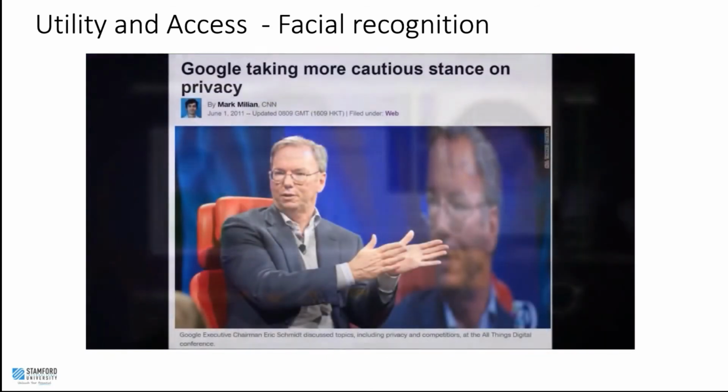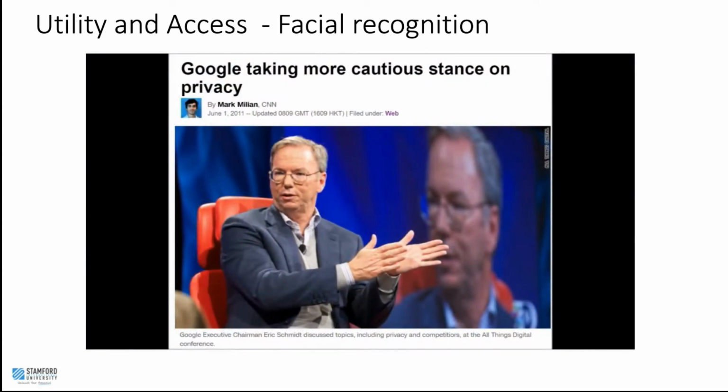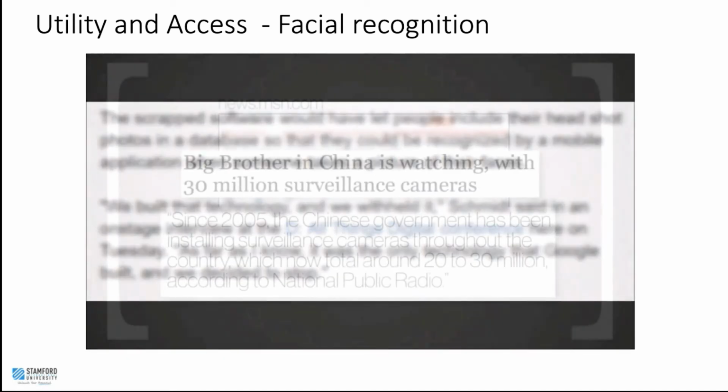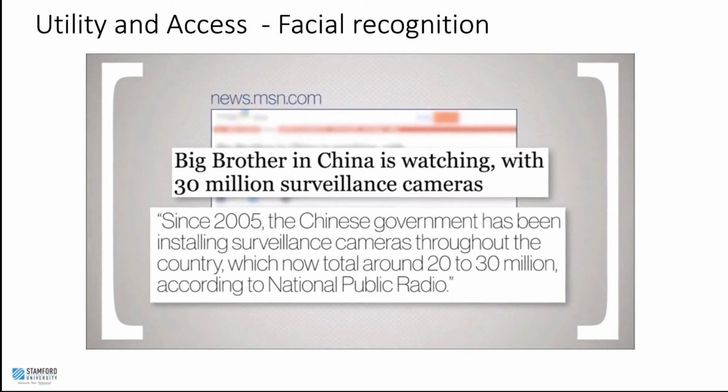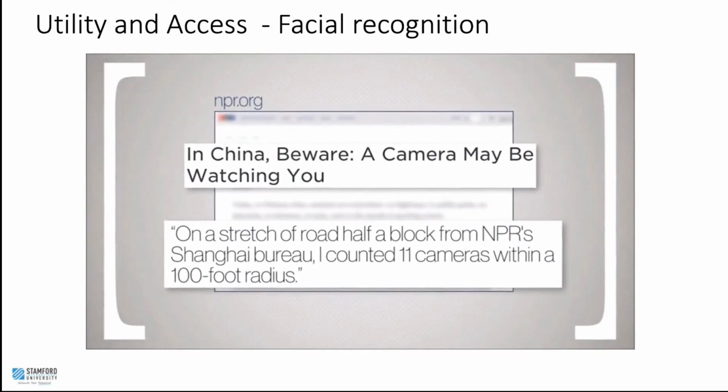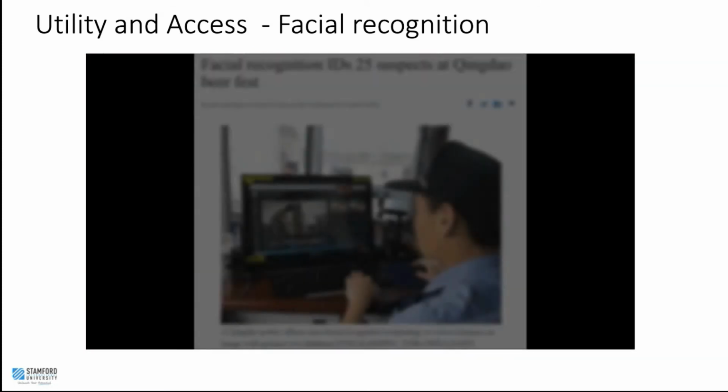Western tech companies have taken a more cautious approach because of privacy concerns. Google said in 2011 that it had scrapped software that would let smartphone users snap a picture of a person's face to find out who they are. Chinese authorities, meanwhile, are already combining facial recognition technology with the country's network of surveillance cameras to monitor citizens.